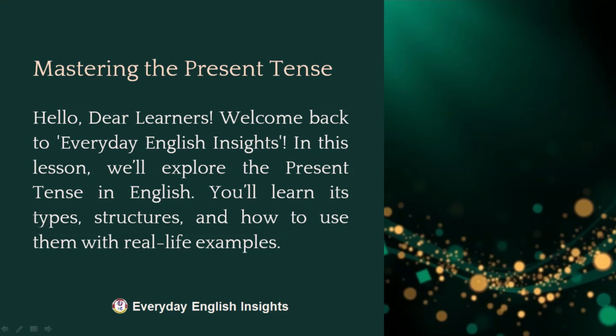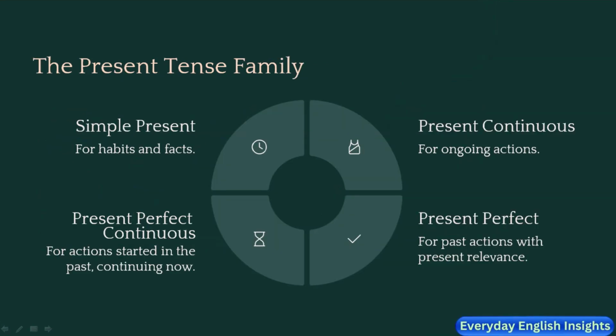In this lesson, we're going to explore the present tense in English. You'll learn its types, their sentence structures, and how to use them naturally, with real-life examples to make everything clear and practical. The present tense in English isn't just one tense. It's a family of four.